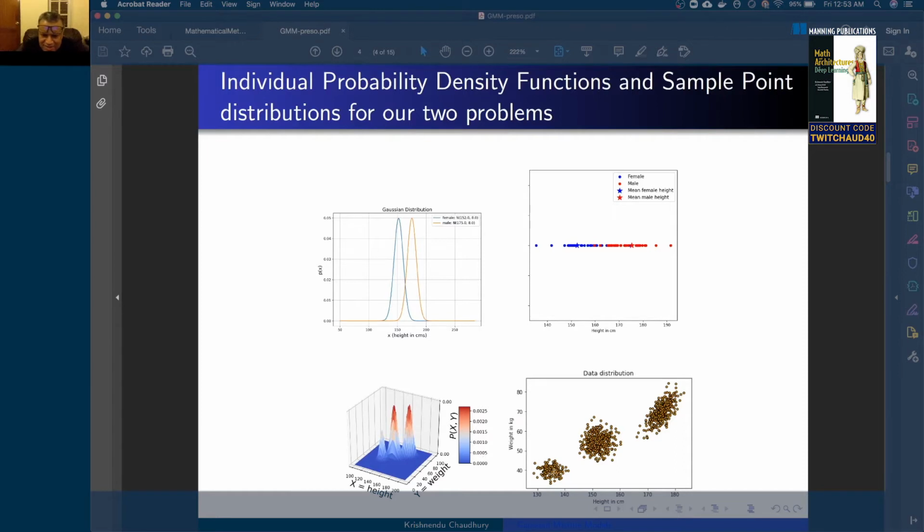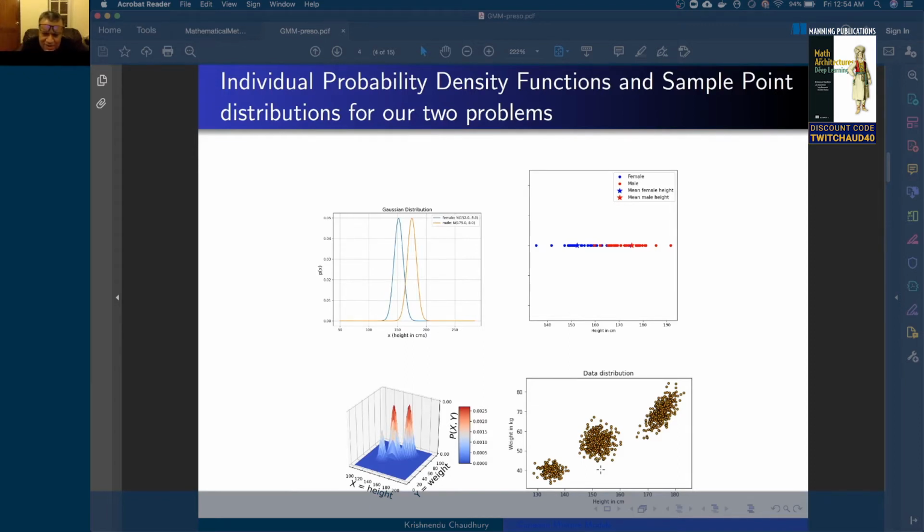The center of the point distribution corresponds to the mean, and the fatness, the spread, corresponds to the variance. If you recall your Gaussian, you will remember that in the multi-dimensional case, for example in the bottom row, the variance not only determines the fatness, but it also determines the shape.